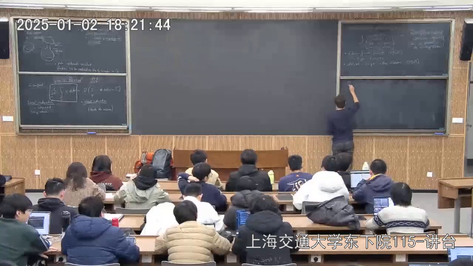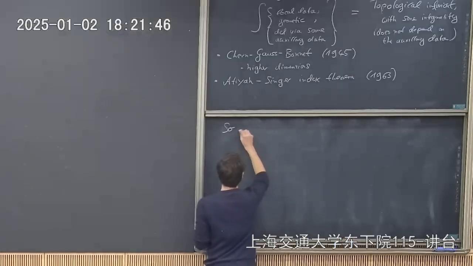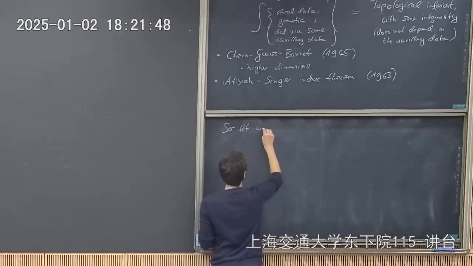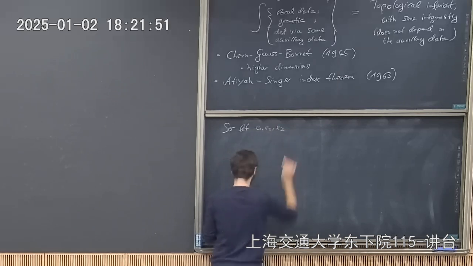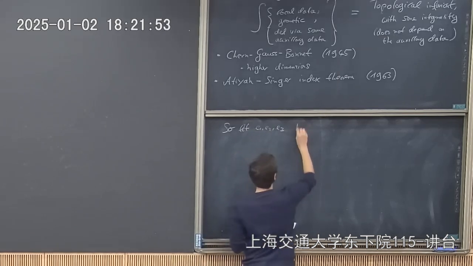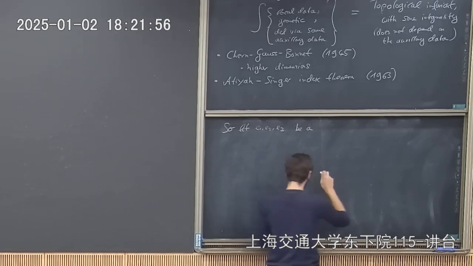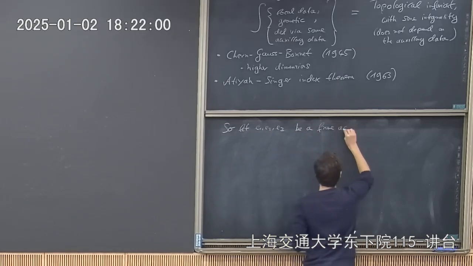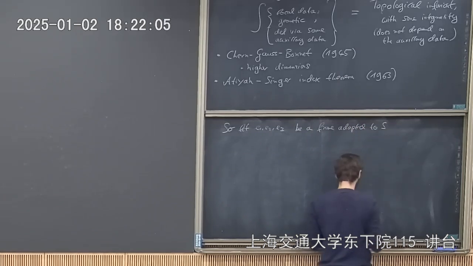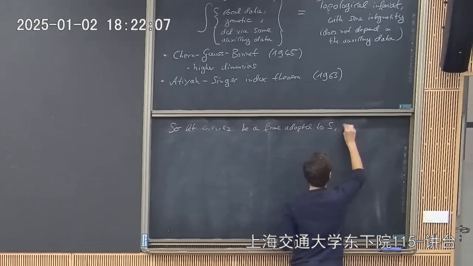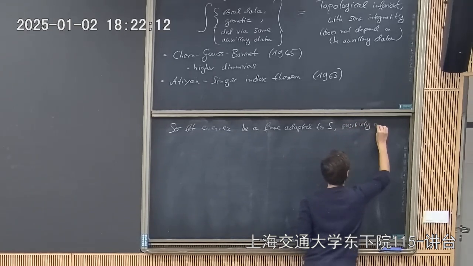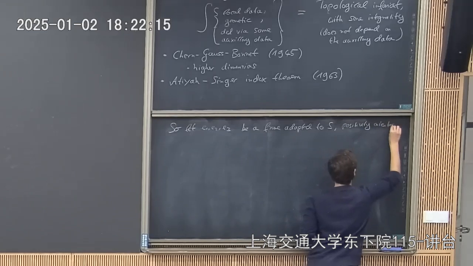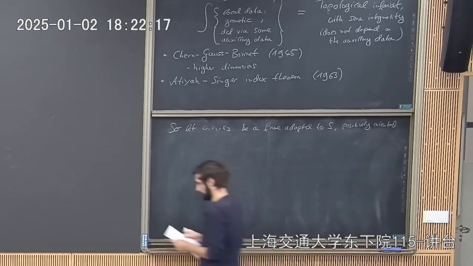So the starting point is we choose E1, E2, and E3 to be a frame adapted to S, and we say it's positively oriented, which we had last time.